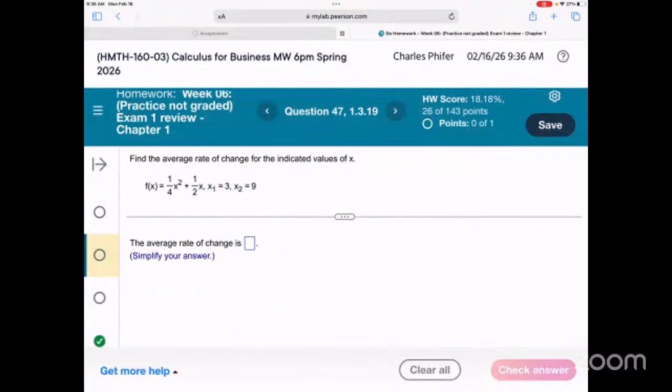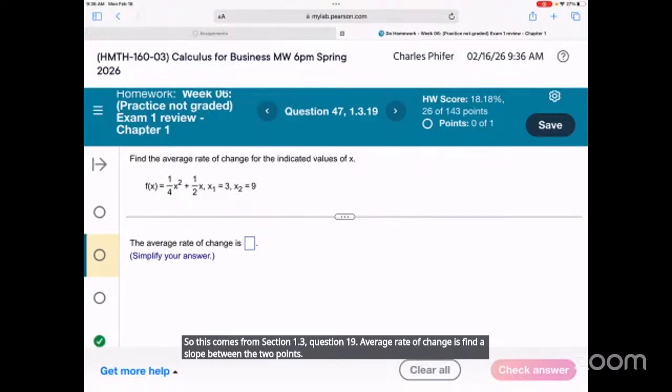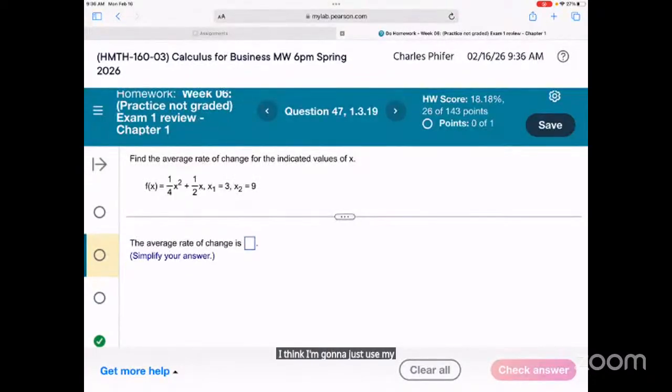So this comes from section 1.3, question 19. Average rate of change, just find the slope between the 2 points. I think I'm going to just use my calculator.